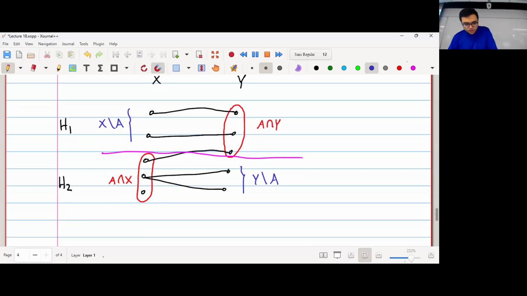So I'm saying, suppose S is a subset of A intersect X. The question is, how many neighbors does S have in this graph H2? Okay.